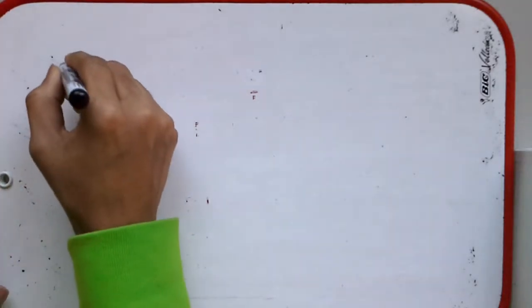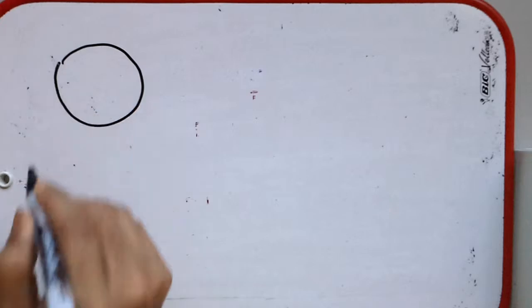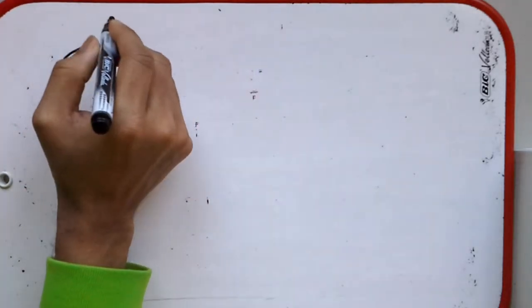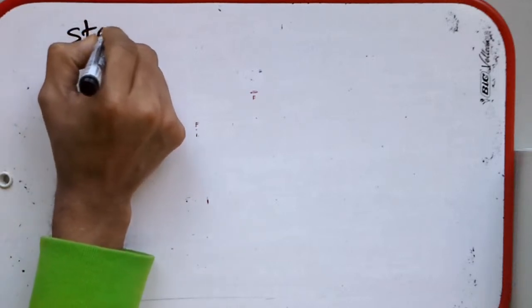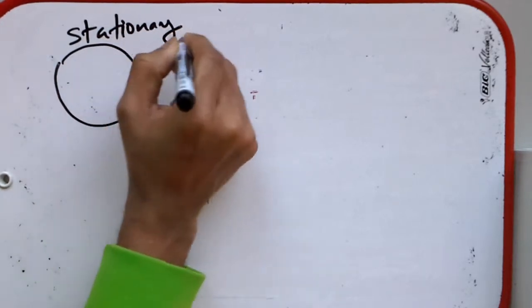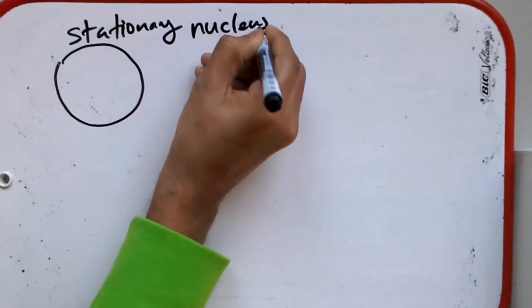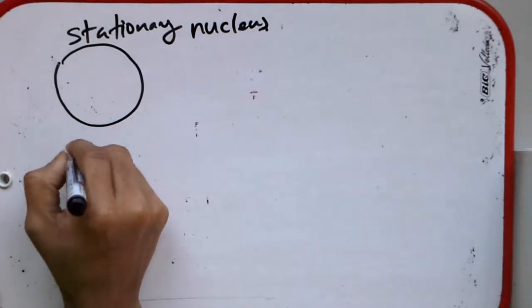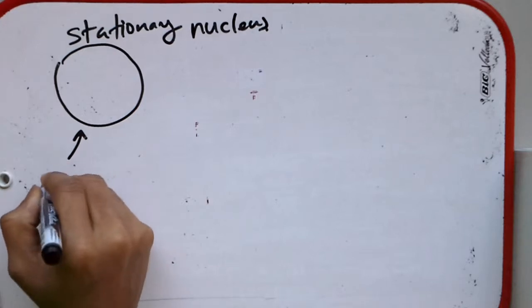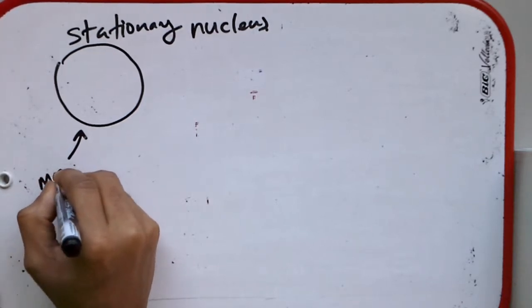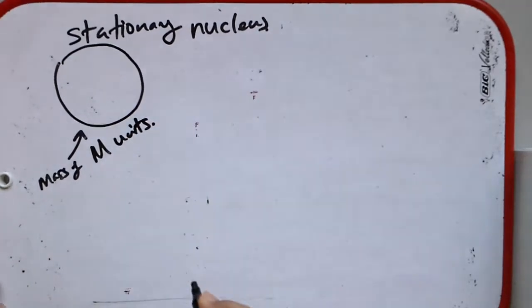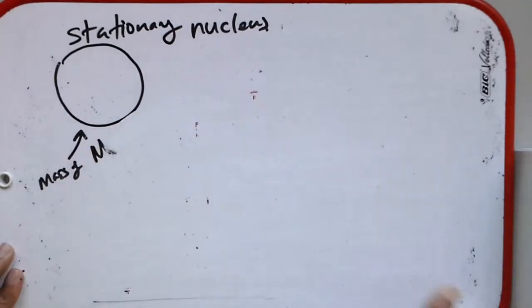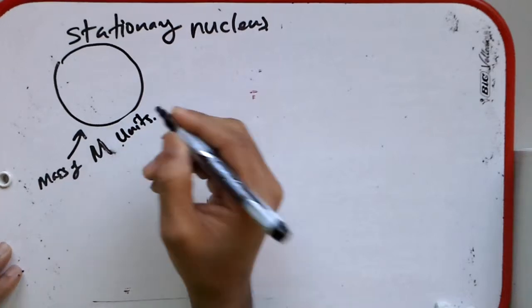Okay, so what is the next question? You have a stationary radioactive nucleus. The mass of this nucleus is M units.